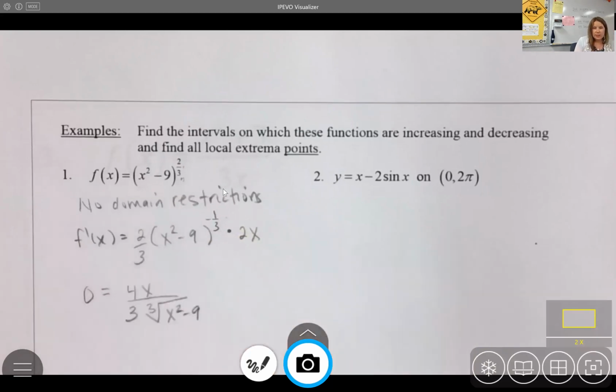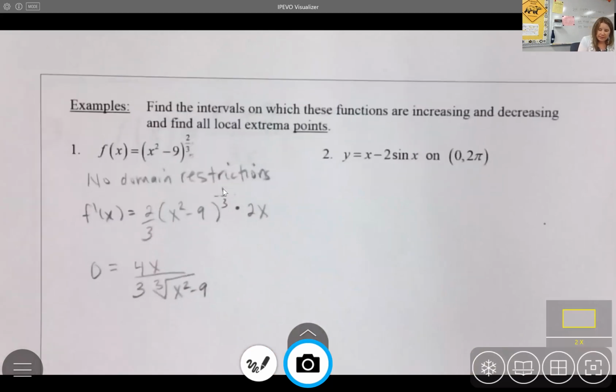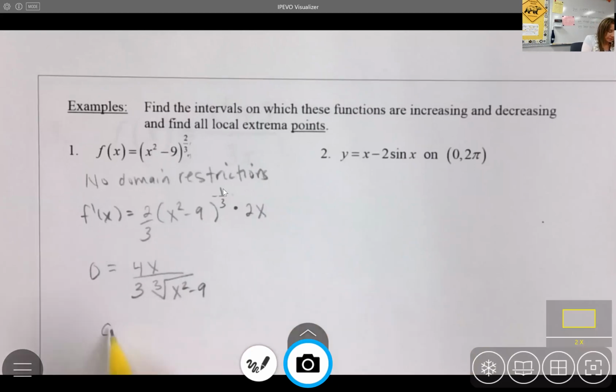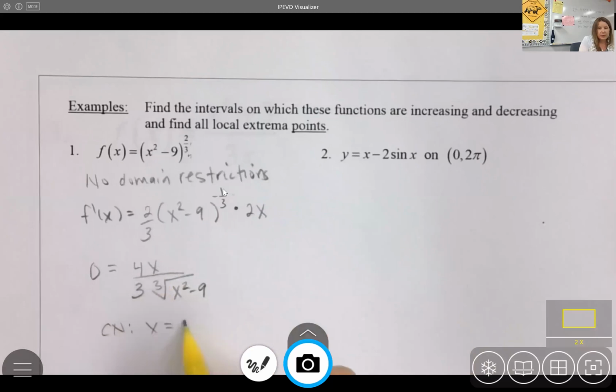Okay, this is what I'm trying to find out: where the critical numbers are. Where is this 0 and where is this undefined? If I plug a 0 into the x value at the top, I'm going to get a 0. So a critical number is 0, and then the bottom cannot be 0.